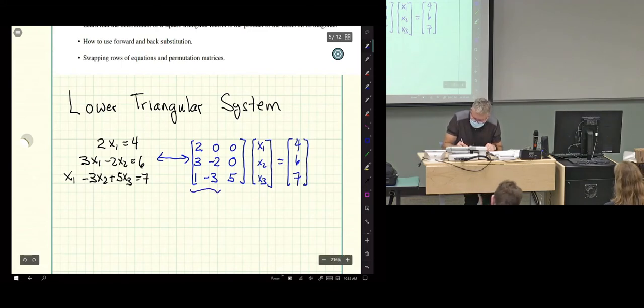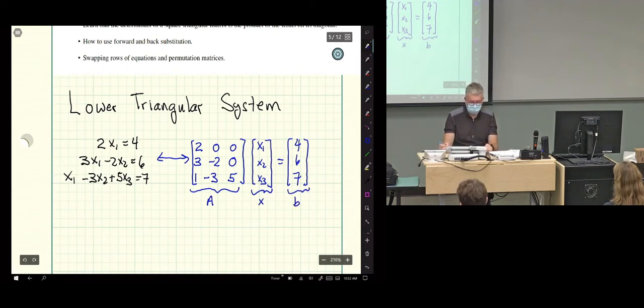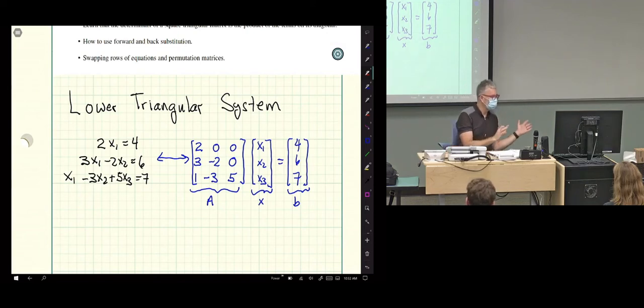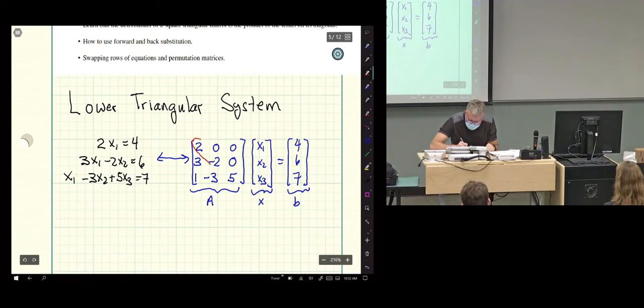Okay, so we'll call this A. That's natural to call that x. Call that B. We have our Ax equals B. I want to indicate the diagonal of this matrix. Everybody see the diagonal? Okay, there's the diagonal.